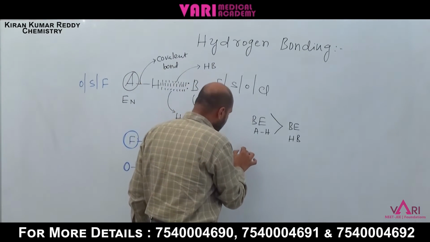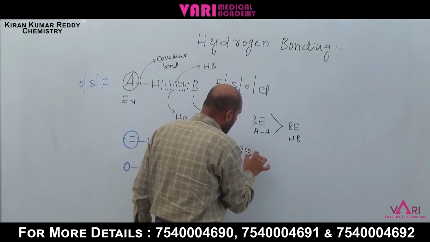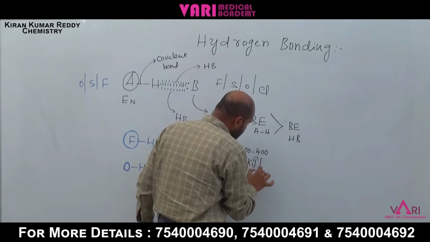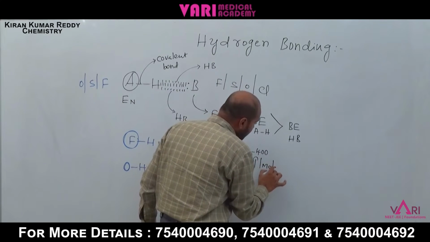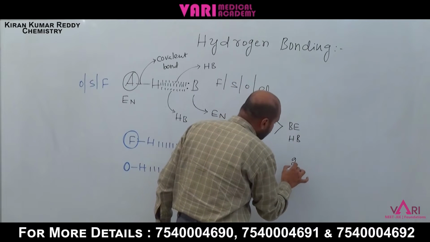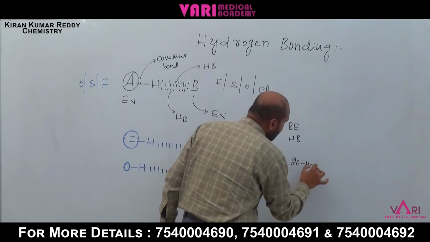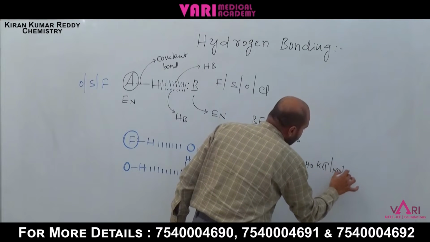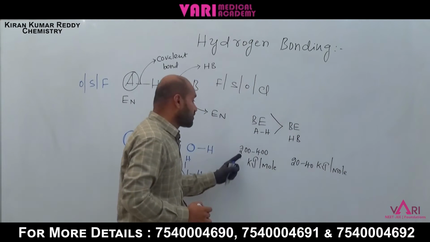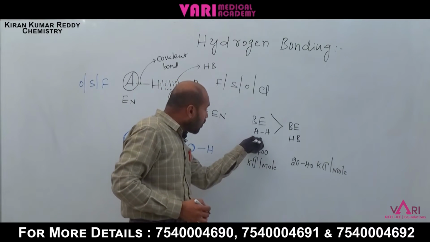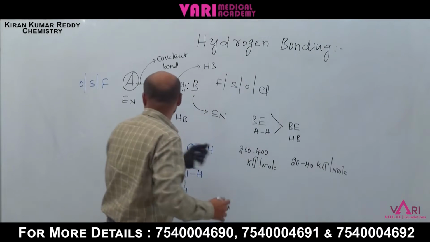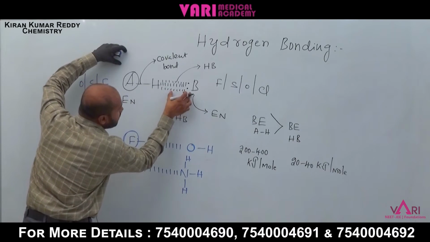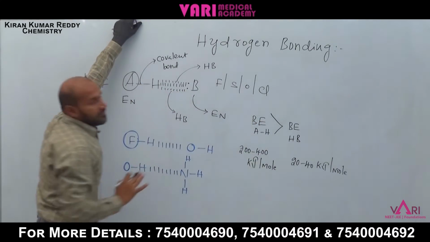A covalent bond is 200 to 400 kilojoules per mole, whereas hydrogen bonding is 20 to 40 kilojoules per mole. That's why the A-H bond is a covalent bond and the H-B bond is a hydrogen bond.